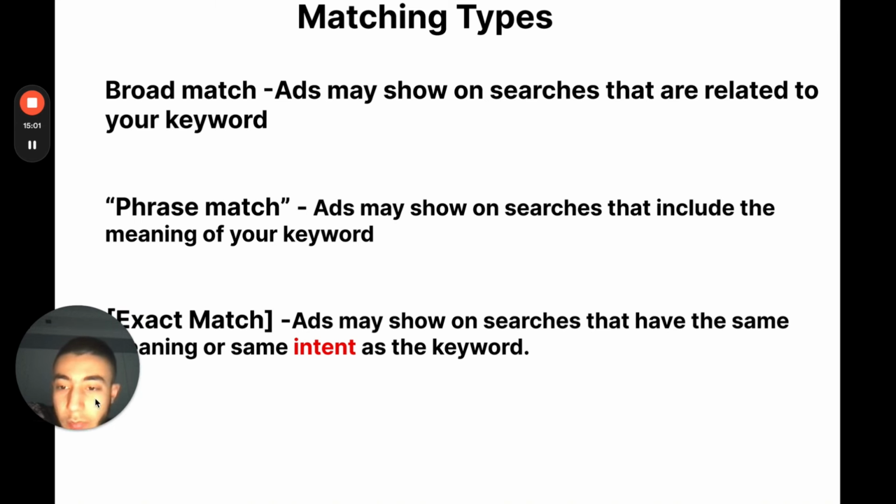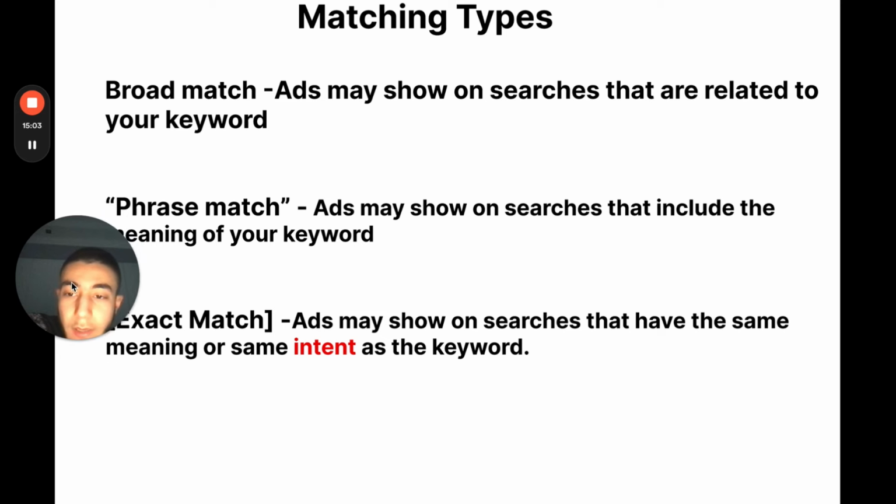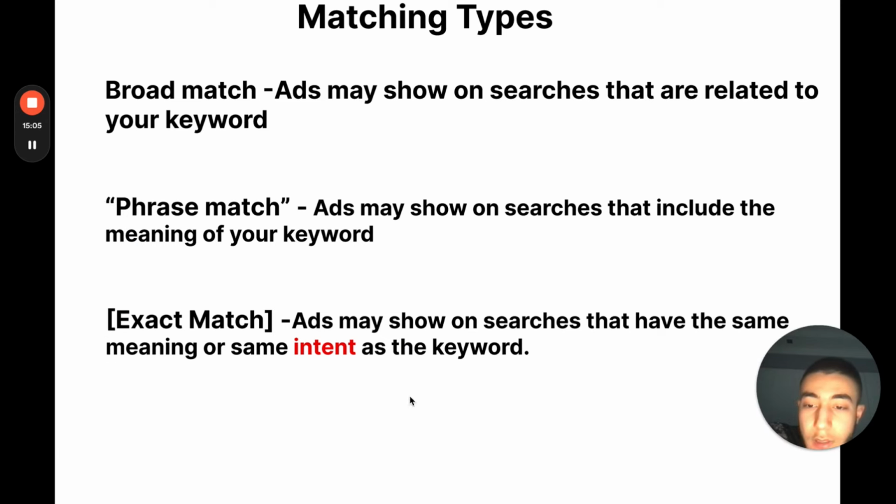The exact match, usually you're going to pay the highest amount for this keyword matching type because it's more targeted. Its ads may show on the searches that have the same meaning or the same intent as the keyword.